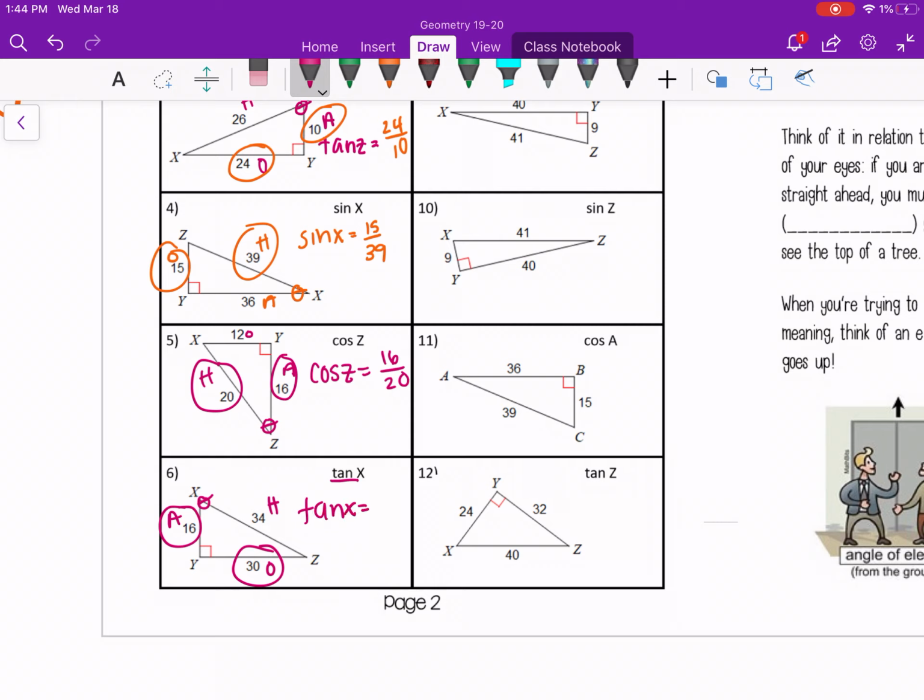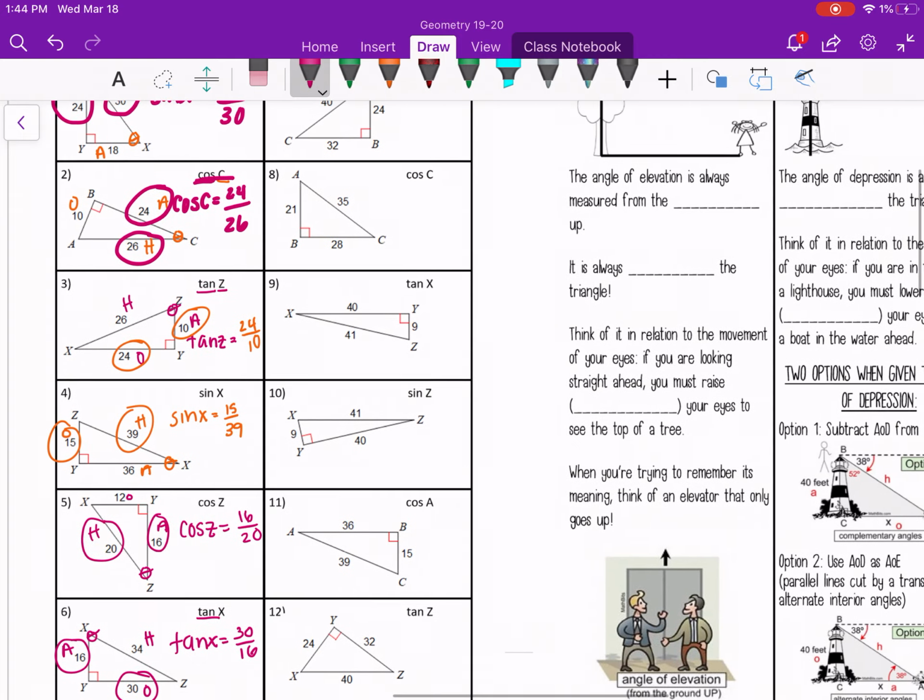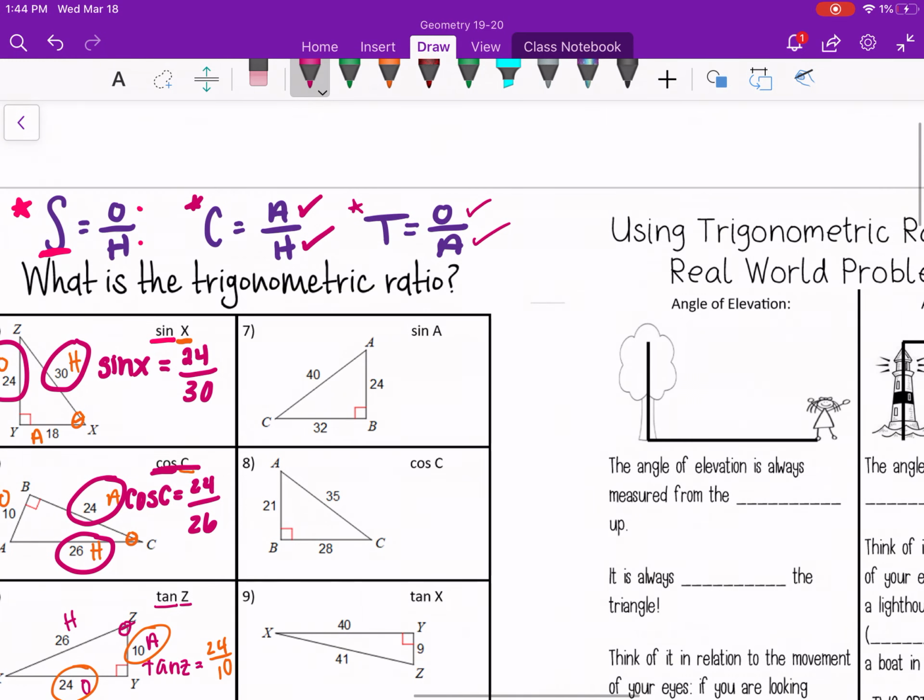Tangent of x equals 30 over 16. A, hypotenuse, opposite, adjacent. Sine means O and H. Copy the question. Equals 32 over 40.